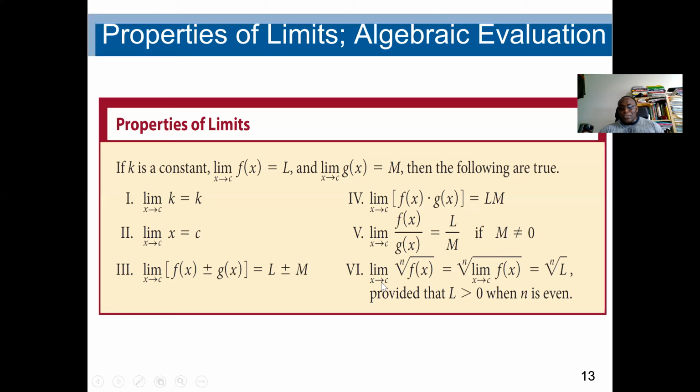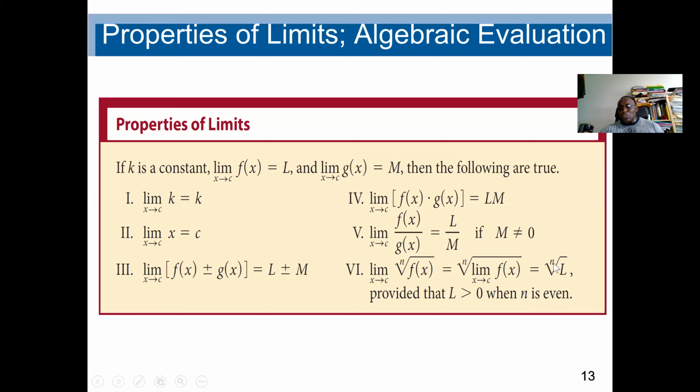Here also we have the limit as x approaches c of the nth root of f at x. So here we look for c, the value x approaches. So we substitute x with c. And since we know the limit of f at x is L, we can say that everything is the nth root of L. Now, if I have a question where c is a value, let's say 2, then I'll substitute 2 in the function f at x.